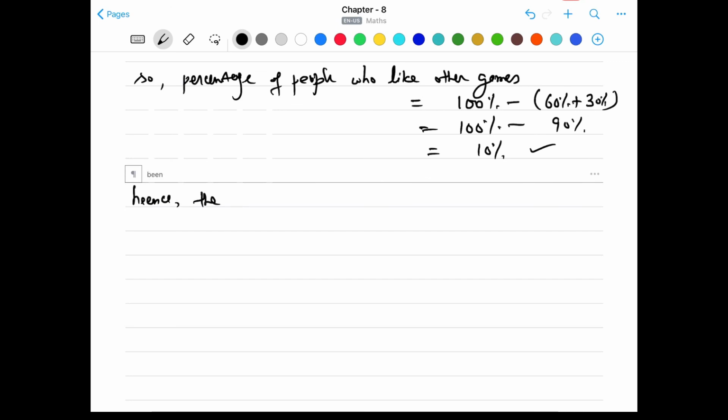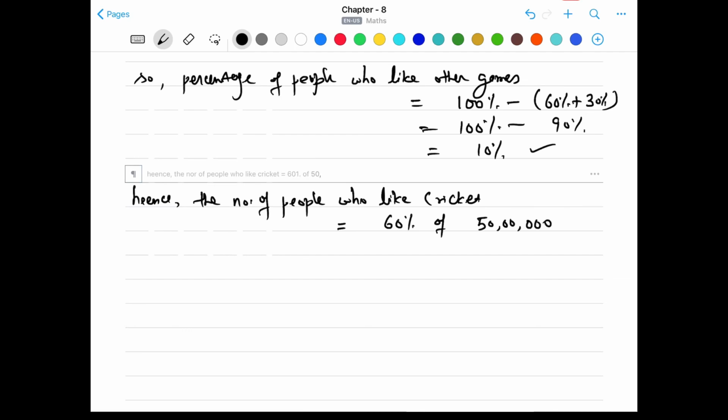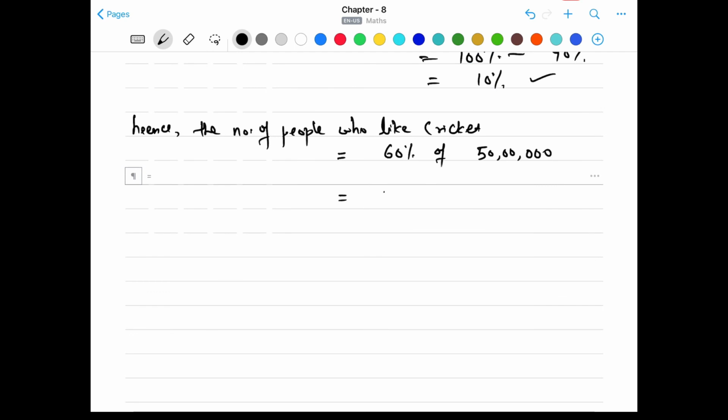Hence the number of people who like cricket is equal to 60% of total population, which is 50 lakh. In order to solve this, the 60% will become 60 by 100.